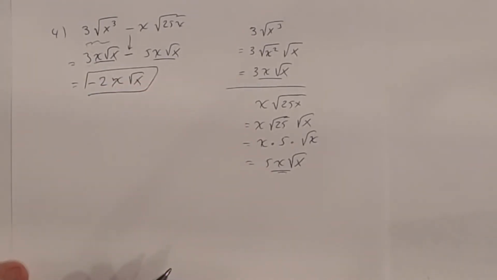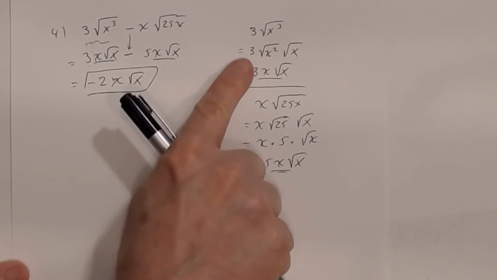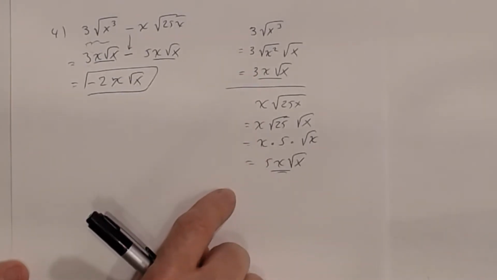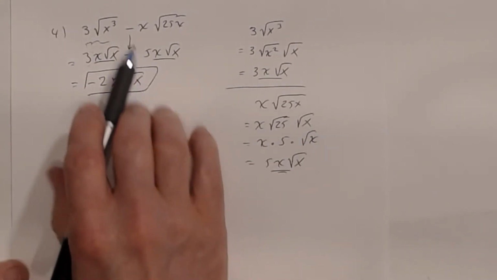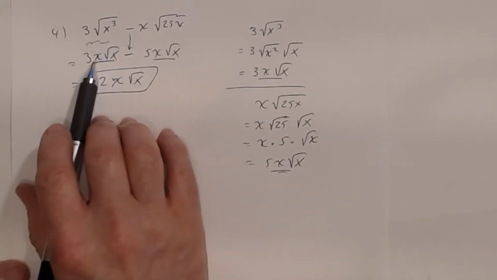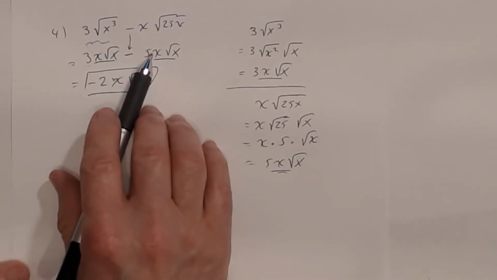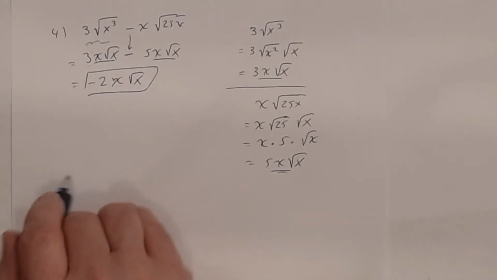So there's some work you had to do there. All right. Notice, though, that all this is very similar. It's the same thing you've done in previous lessons. It's just now you are adding and subtracting radicals. So if you can combine like terms, you combine like terms.